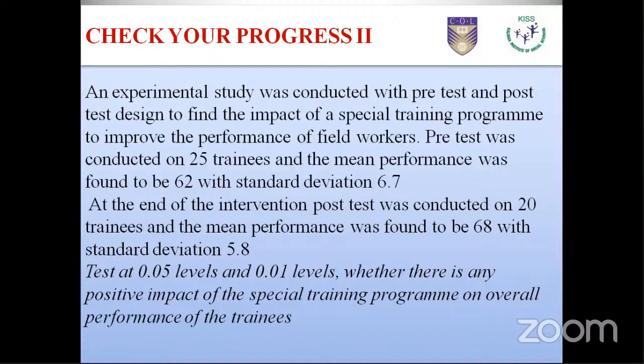You have pre-test and post-test. The pre-test is population size 25, mean 62, standard deviation 6.7, and the post-test population 20, mean 68, standard deviation 5.8. And as was said, you need to test at the 0.05 and 0.01 levels.